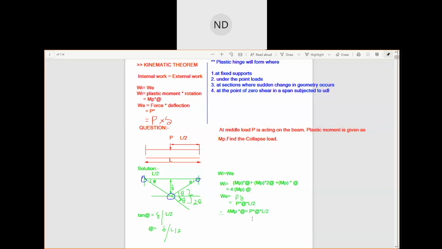From here, this is your equation now: 4 MP, the plastic moment, into theta is equal to the load P into theta into L by 2.